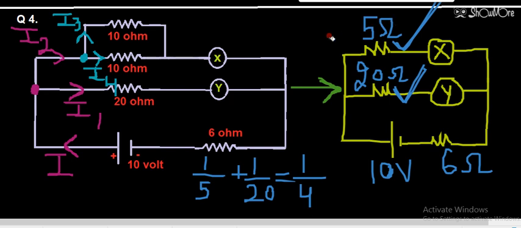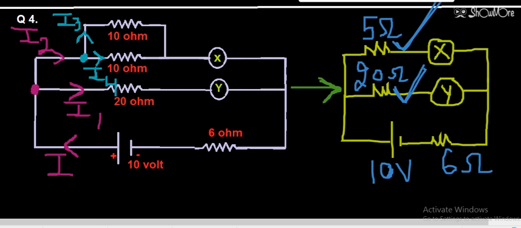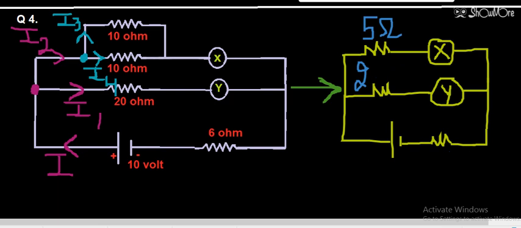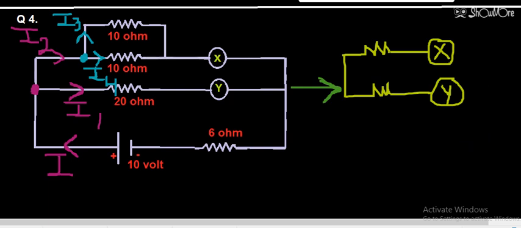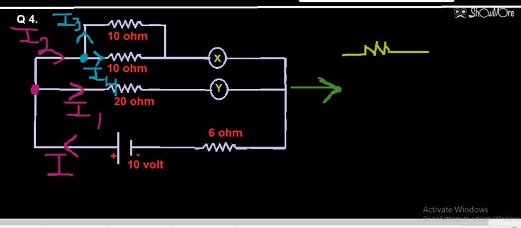That means after combining this 5 and 20, I will get the resistance of 4 ohm. So you can note down this step. By combining 5 and 20, I will get the resistance equal to 4 ohm. So the next step, we can write 4 ohm resistance. This is the 4 ohm resistance.